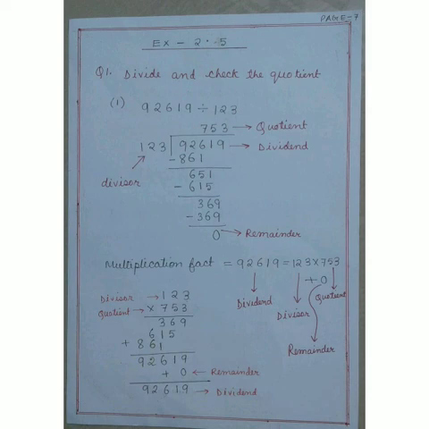So we have to multiply 123 into quotient 753 and add the remainder, which is 0. I have multiplied 123 and 753. I got 92619, and if you add the remainder, the result will remain the same, 92619, which is equal to the dividend.